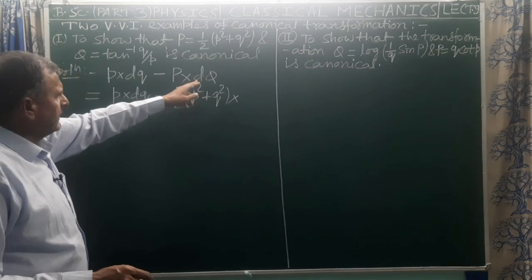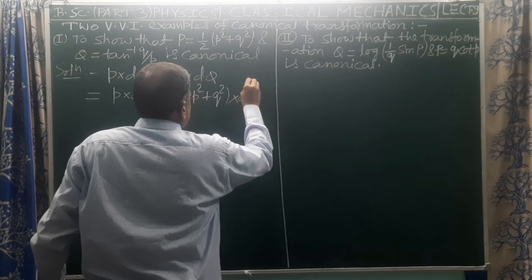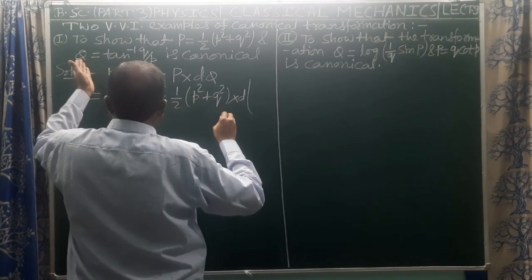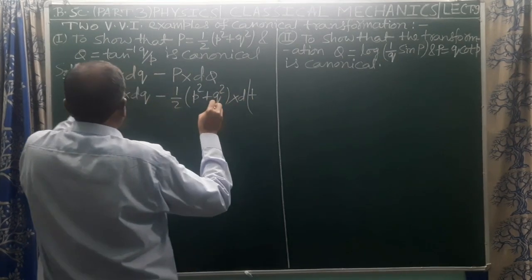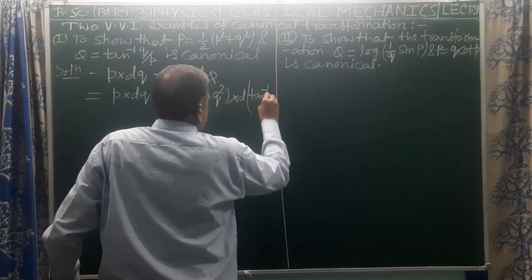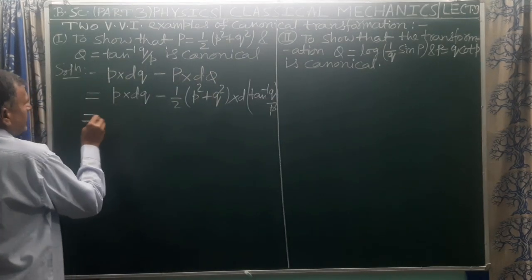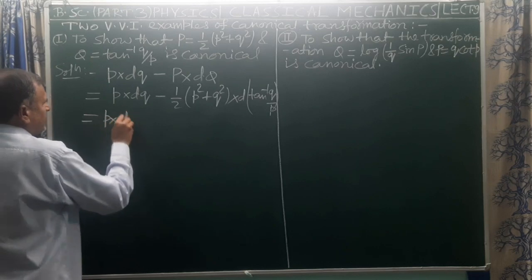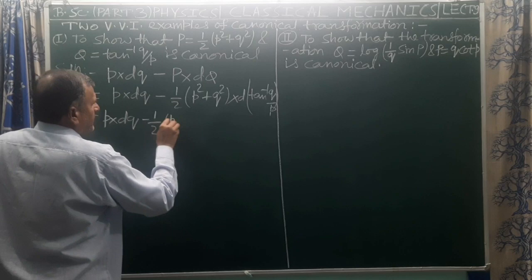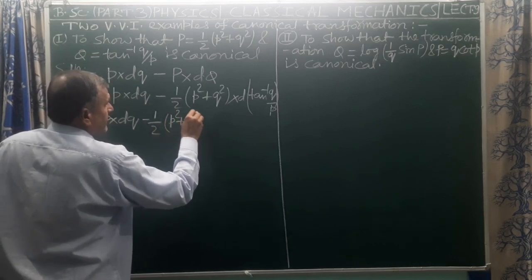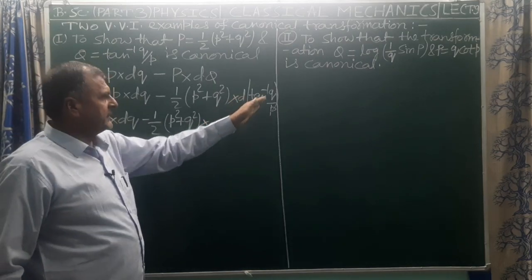So d of capital Q is the differential of the given position coordinate in the new system, that is d of tan inverse q upon p. Now it is p multiplied by dq minus 1 by 2 into (p square plus q square) multiplied by the differential of tan inverse q by p.